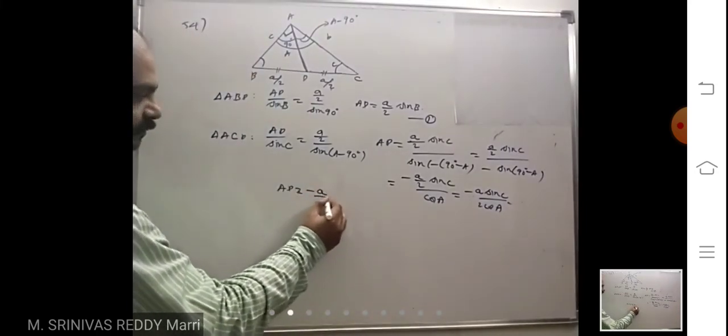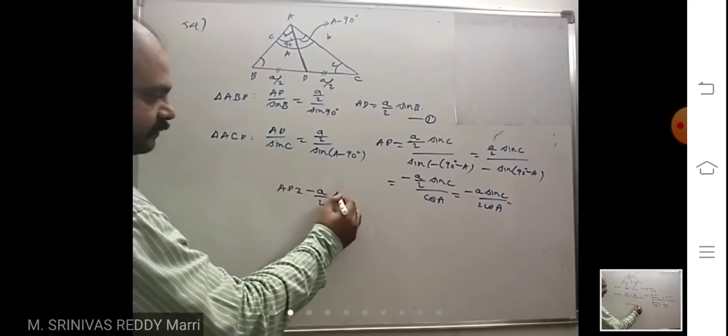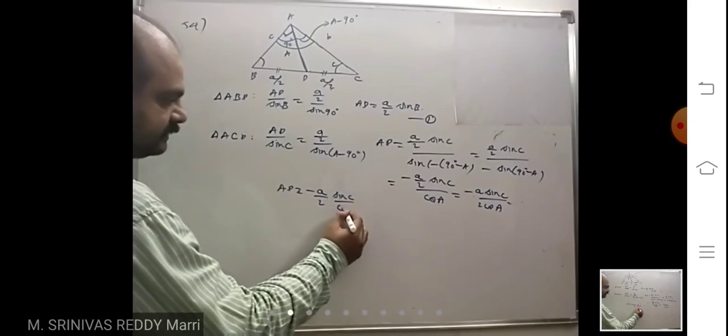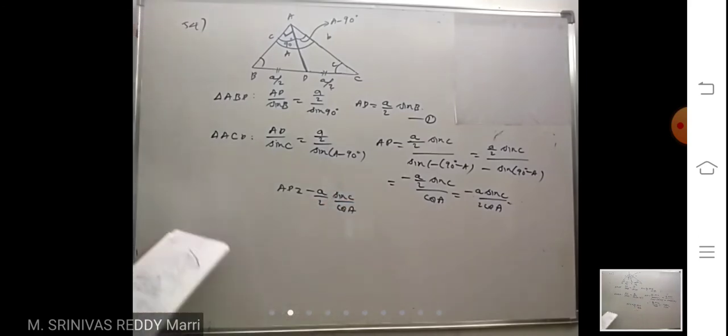AD is nothing but minus a by 2 sin C divided by cos A.